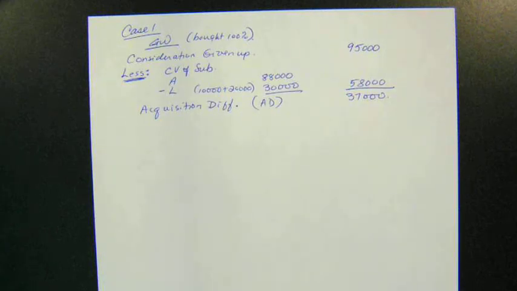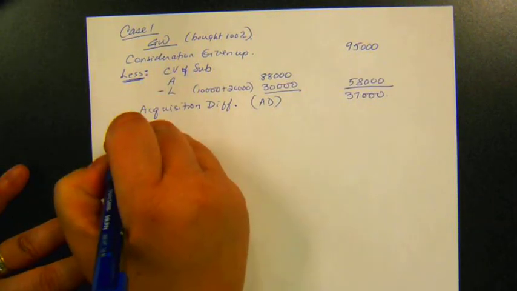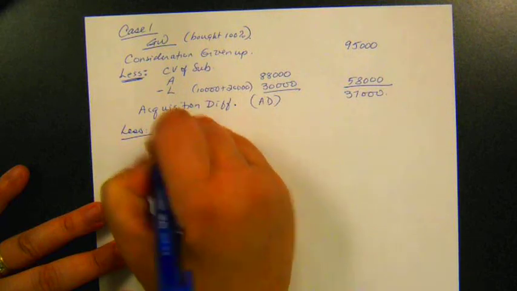So acquisition differential is the amount you paid over the carrying value of the assets. That's always going to be split into two things. Changes in fair value are called fair value differential, and goodwill. So take away fair value differential, FV minus CV.